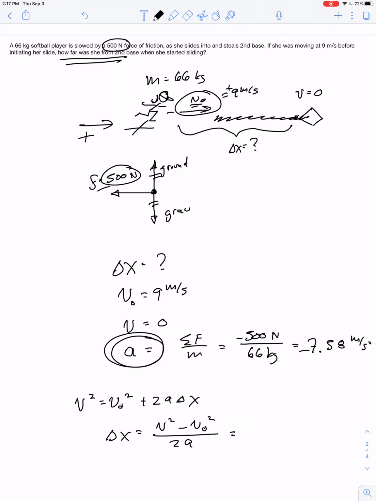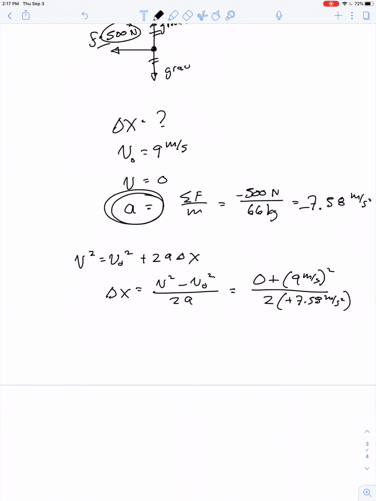So when we plug everything in, 0 minus positive 9 squared divided by 2 times negative 7.58, the negatives will cancel out. And we get a final answer, delta x, of 5.34 meters.